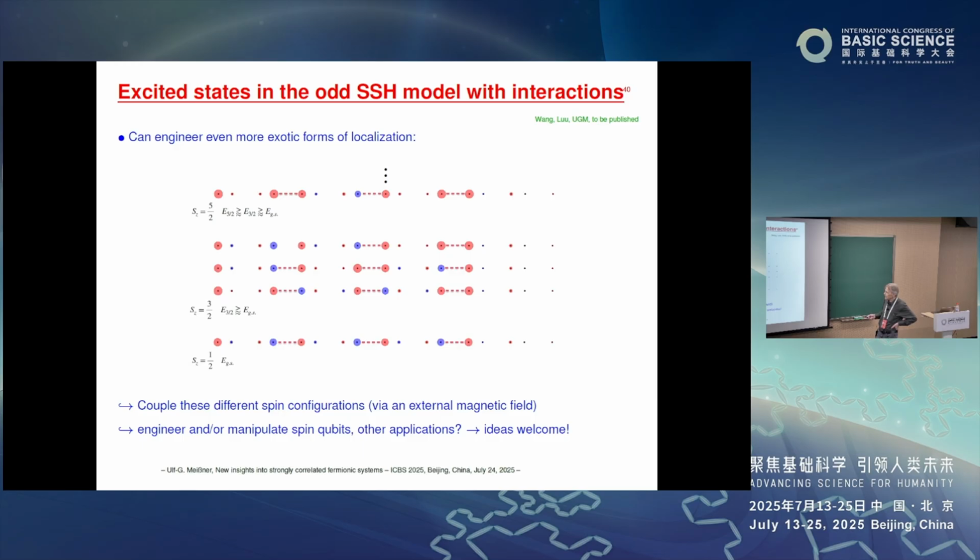Again, energy is not very much above the ground state, and you can couple these different spin configurations by an external magnetic field. For the even model, you can do the same things with S_z equals 0, 1, 2, and so on. And this allows you to engineer or manipulate spin qubits with different spins, which is nice, I think. But we have not thought about applications so far, so ideas are very welcome.